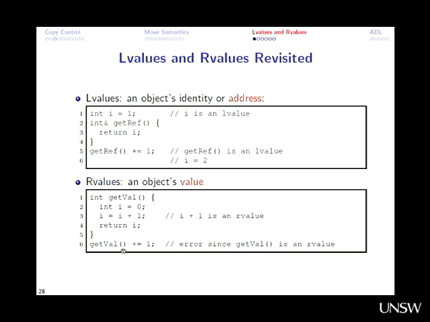What this version is saying, getVal, is saying the value of whatever that thing's returning, so in this case 1, plus equals 1, store that wherever 1's being stored. That just doesn't make any sense. It doesn't compute. Okay? So L values, left-hand side, address in memory. R values are value. This gets really important for move semantics.